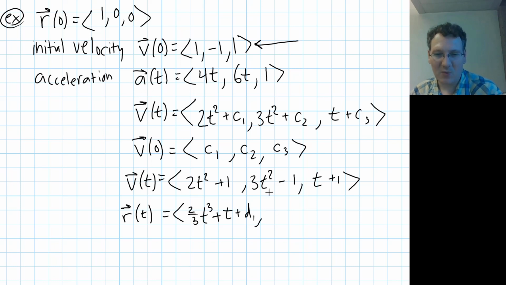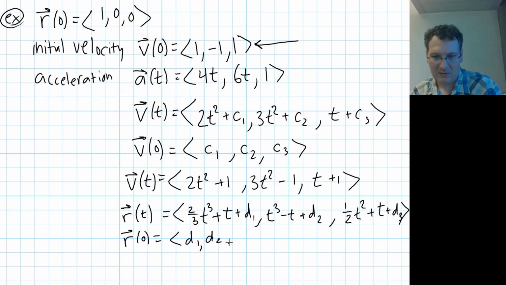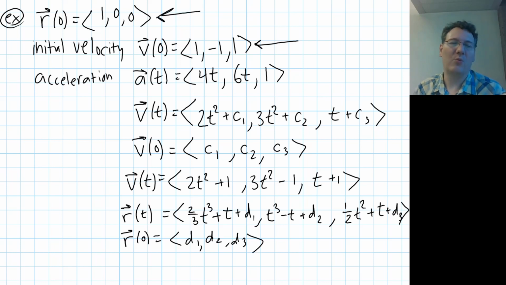And then t to the third minus t plus d2, and then 1/2 t squared plus t plus d3. If I plug in 0 for t, I just get d1, d2, d3. And I was given my initial condition of 1, 0, 0. So d1 is 1 and the others are 0.